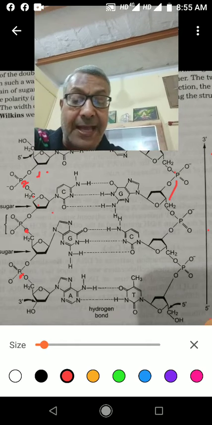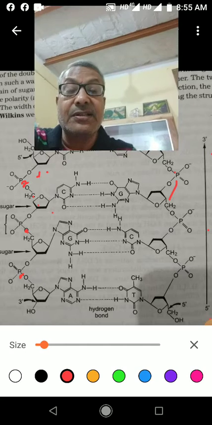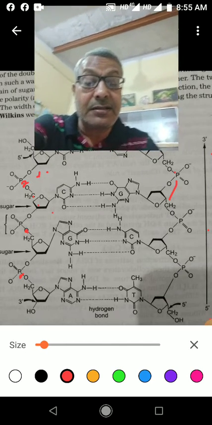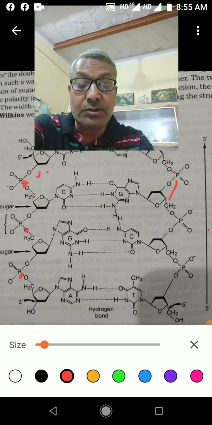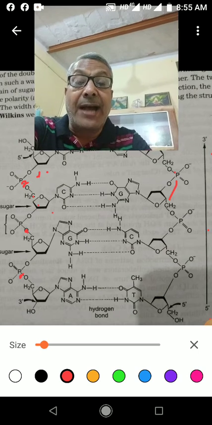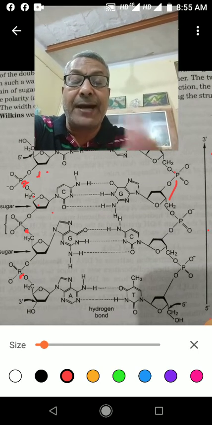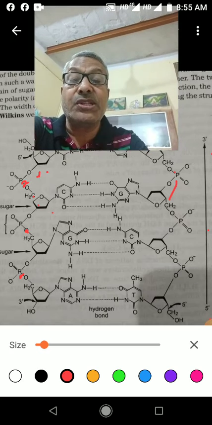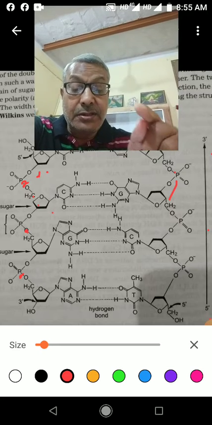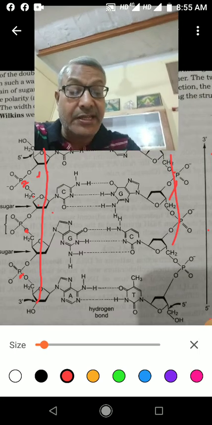So the two chains of the helix are of opposite polarity. If one chain runs in the 3' to 5' direction, the other will run 5' to 3'. And in this way, these two strands are anti-parallel.